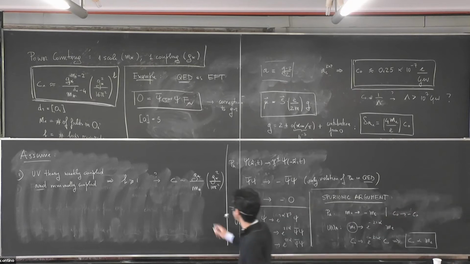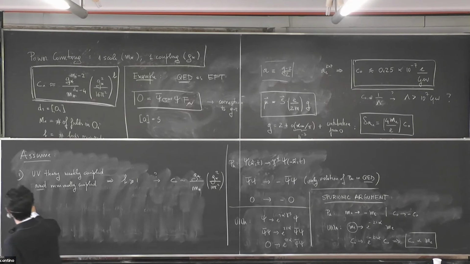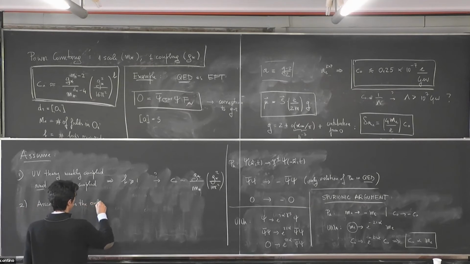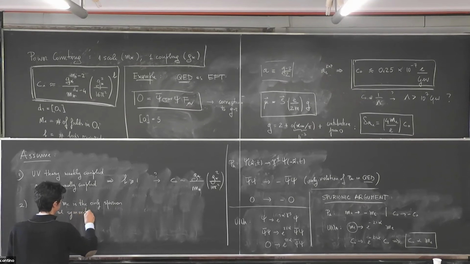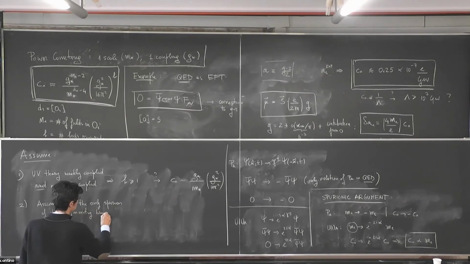So at this point, if we make this assumption, assume that ME is the only spurion of chiral symmetry breaking. Of course, this is an assumption on the UV.